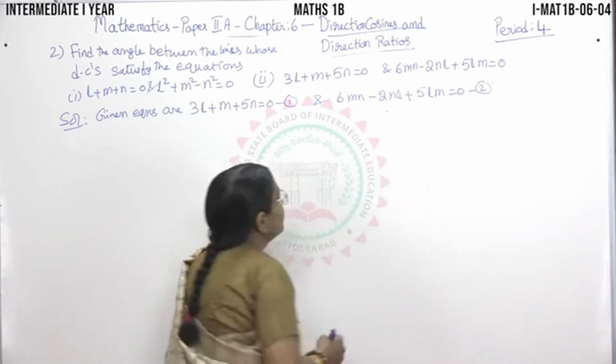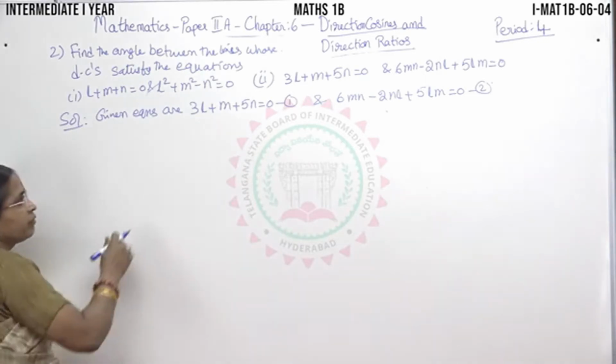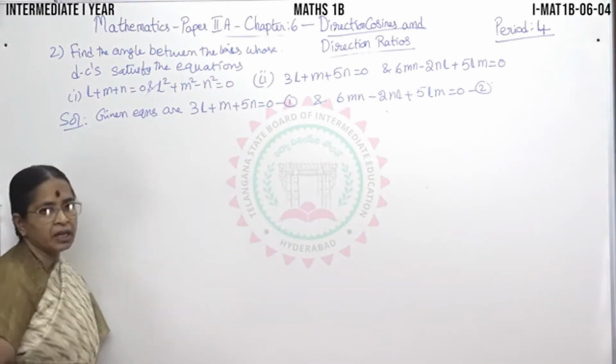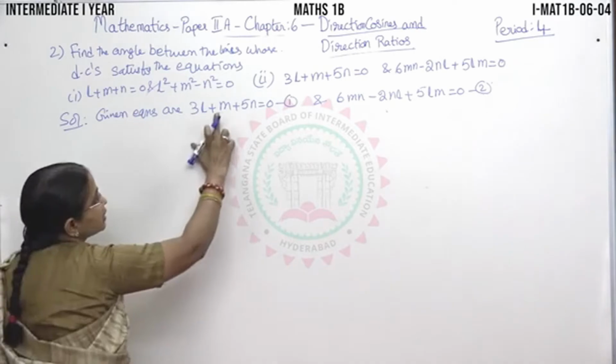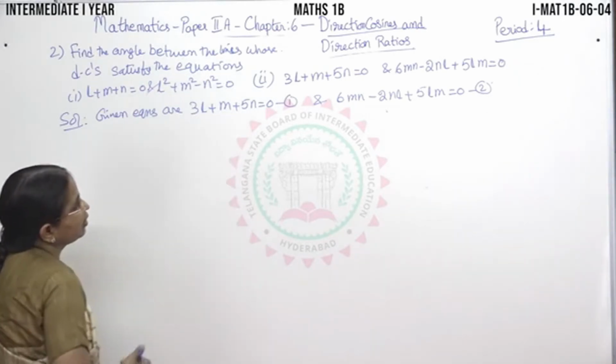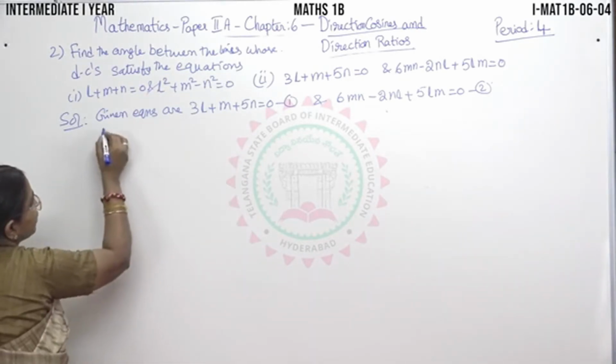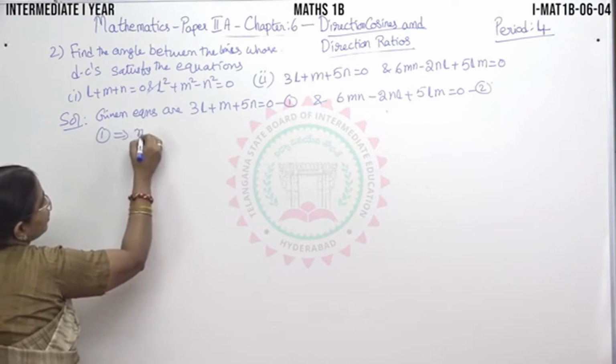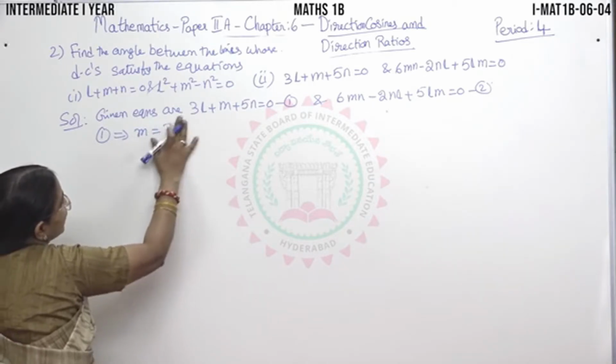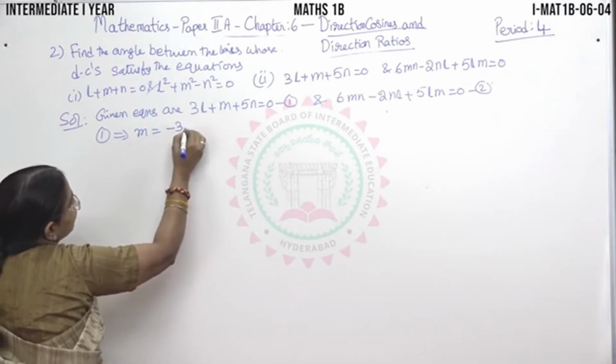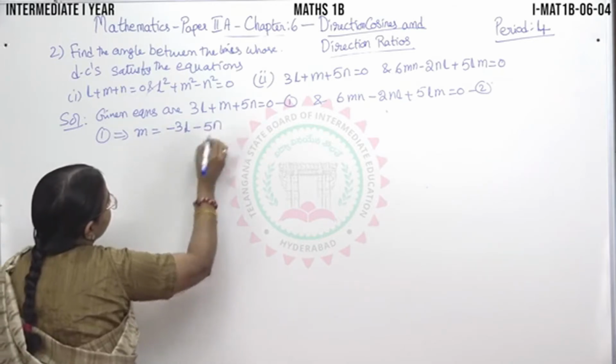Second equation. Now what we do is, from first equation you can find either L or M or N. Here it is easy to find M value because its coefficient is 1. So from first equation you will get M is equal to minus 3L minus 5N.